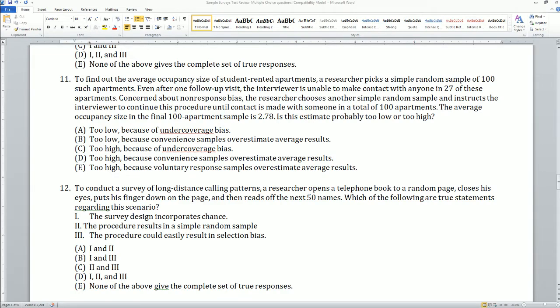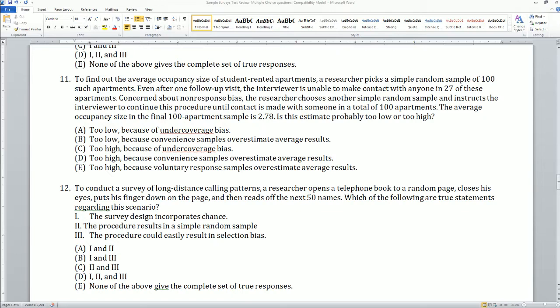Remember, a simulation asks a question. What is the question that occurs first? What is the question? The average occupancy size of a student rented apartment. You're basically asking how many people live here. Can you make that connection yet? Or no?